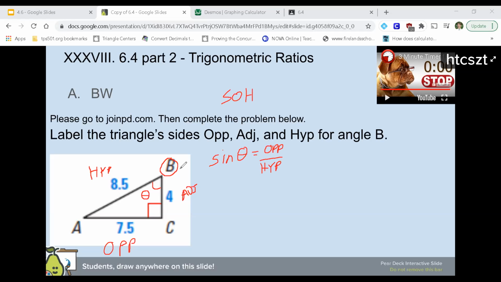So for our problem then, the sine of angle B would be the opposite side, 7.5, over the hypotenuse, which is 8.5. When you come back from spring break, we'll actually do something with that formula, but for now, we're just writing it. That's the equation. Done.